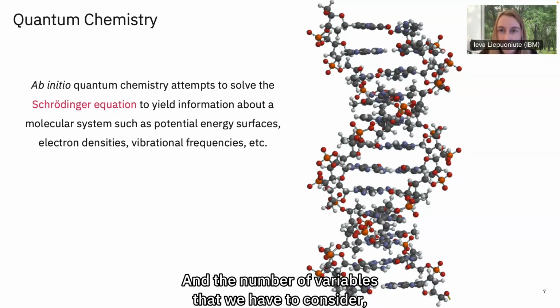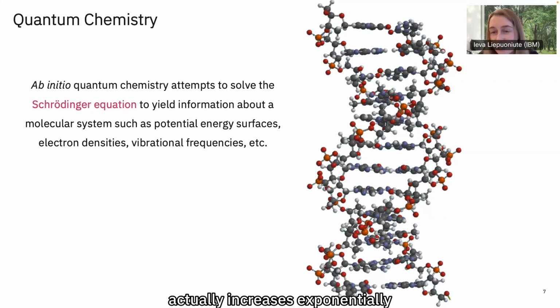And the number of variables that we have to consider actually increases exponentially with the size of our molecular system. In fact, for any chemical species larger than the hydrogen atom, only an approximate solution exists. In other words, in its exact form, the Schrödinger equation is not solvable.